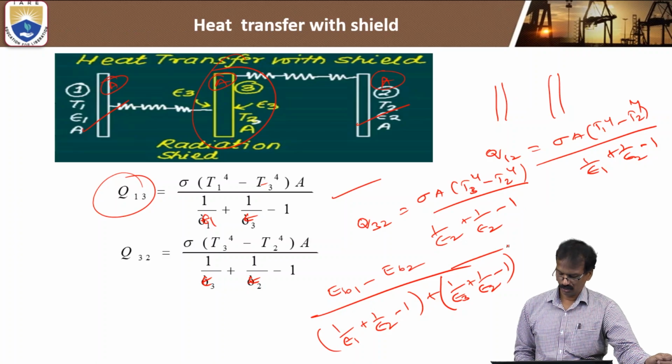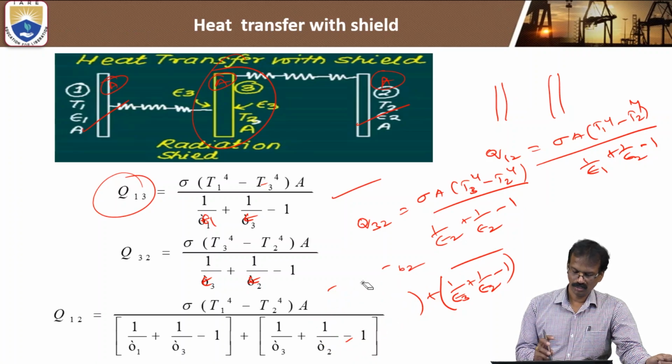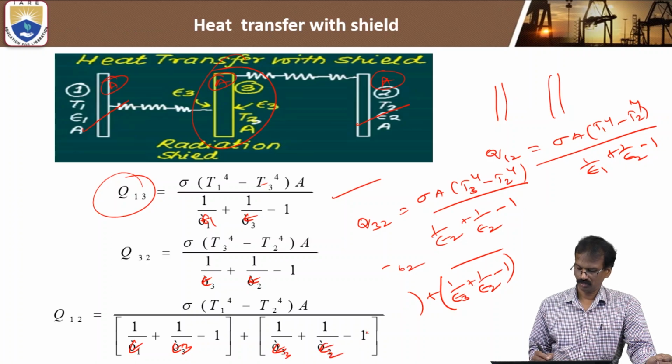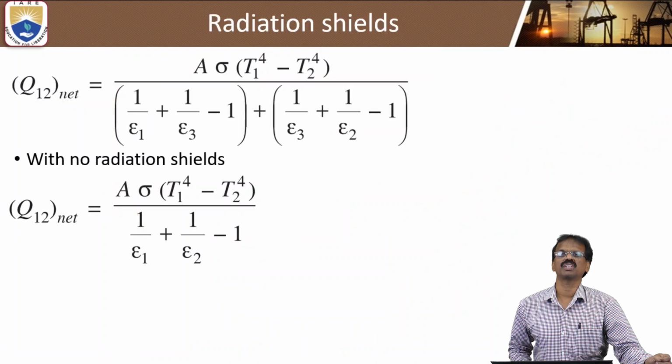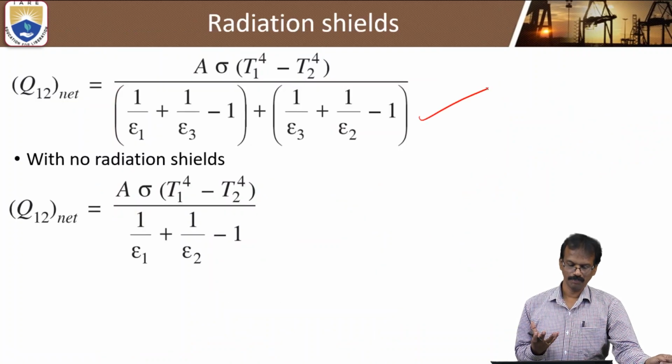So this is the formula. By using this formula, you can solve the numericals. This is the formula when we place the shield between the two plates.